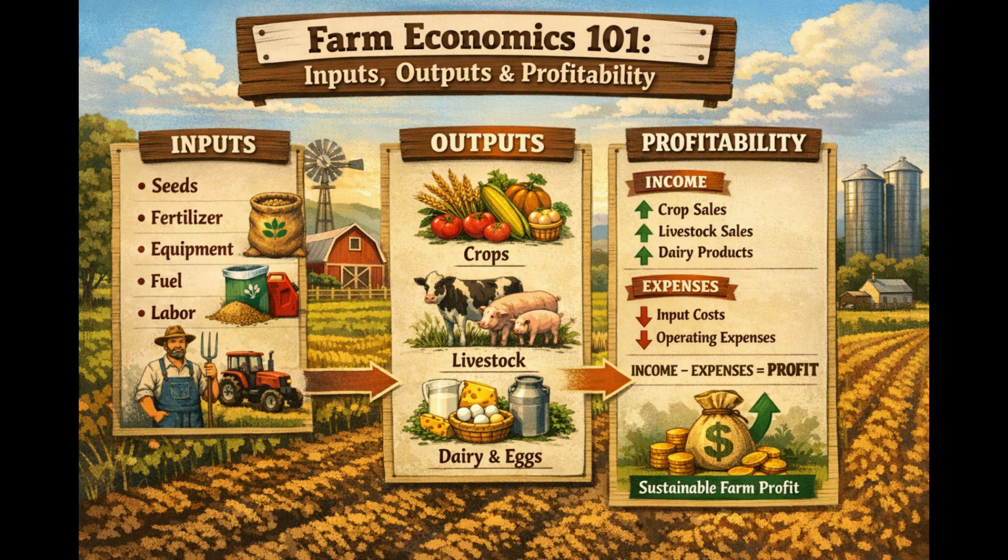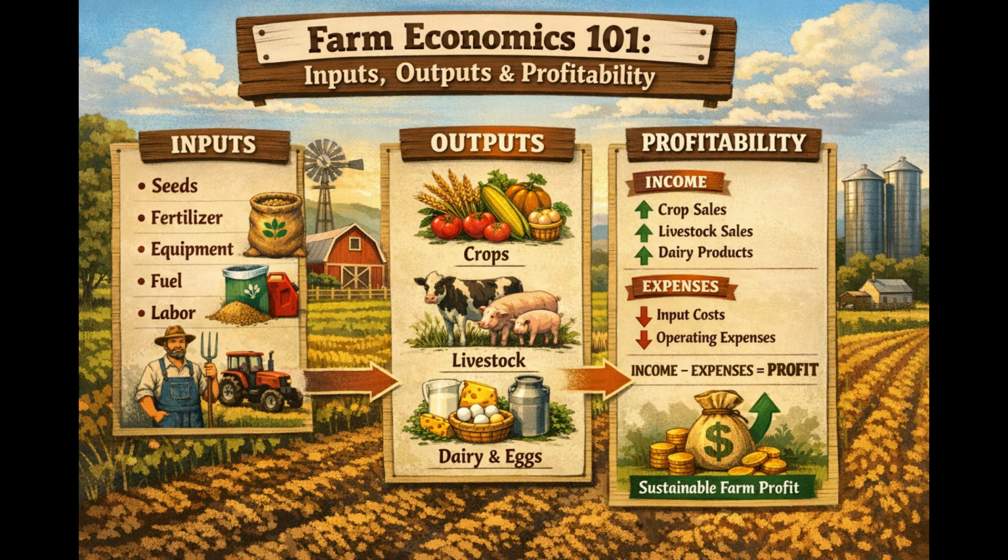He tracked his costs obsessively and dropped 2 crops that were marginal and expanded 3 crops that were highly profitable. He built his soil with compost and cover crops, which reduced his fertilizer costs and improved his resilience. The result: his gross revenue went from $120,000 to $250,000 over 5 years.